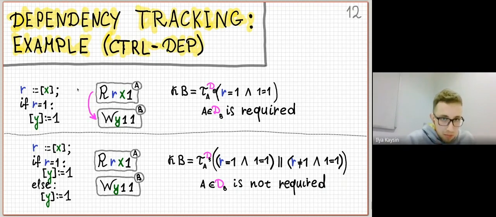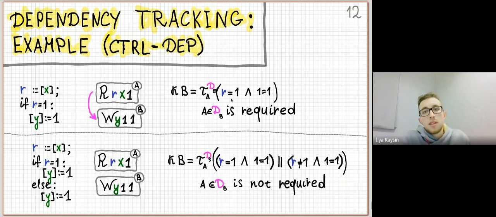But then we transform this precondition by the transformer of the first instruction. That is the same as the transformer from the previous slide, and it adds r equals 1 as a premise if there is an edge, and if there is no edge, it adds something different. What I want to say is that this formula is equivalent to r equals 1.